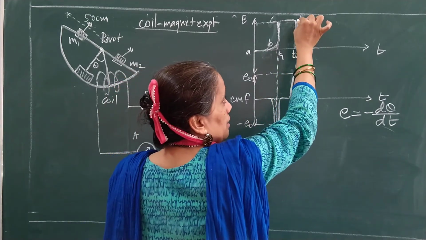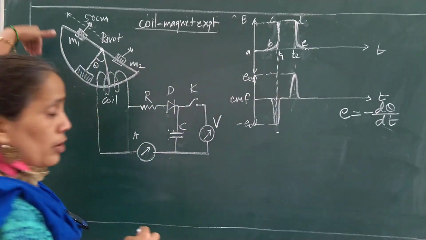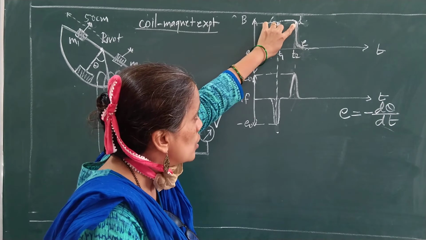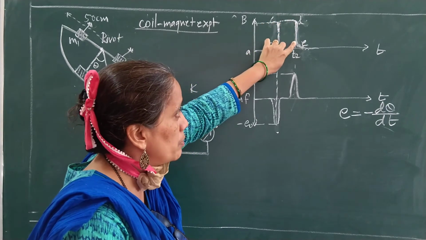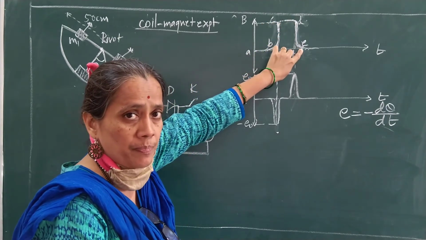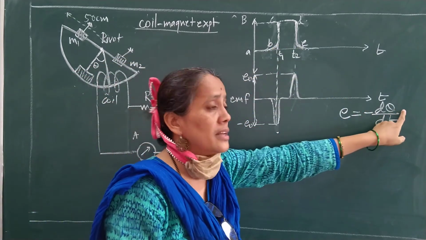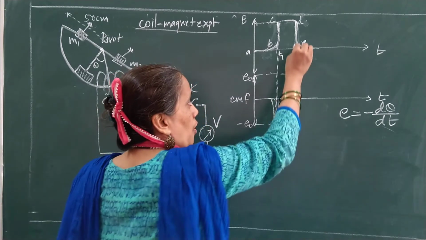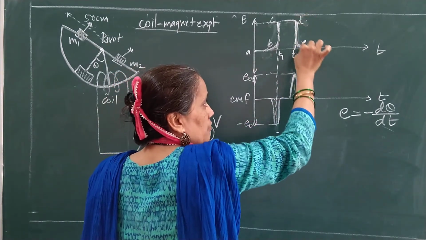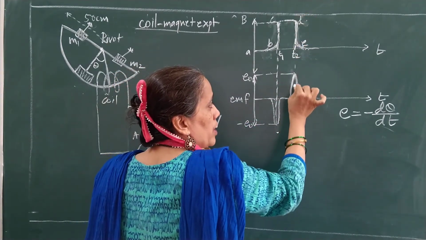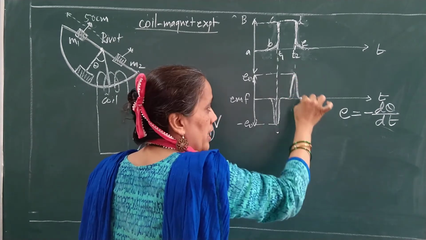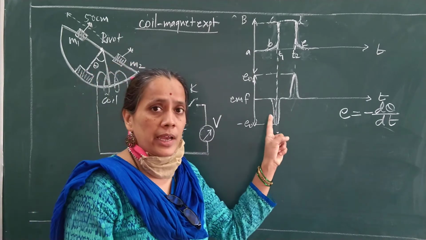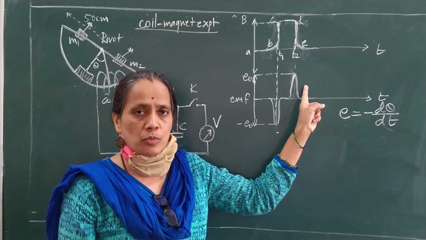Then when the magnet is moving away from the coil, at that time the magnetic flux goes on decreasing. So see here, the E part shows a decrease in magnetic flux. Magnetic flux decreases means in the negative sense, so negative will become positive. So for time interval t2, when the magnetic flux decreases, your EMF will become positive. So in half oscillation, I am getting the negative pulse as well as the positive pulse.